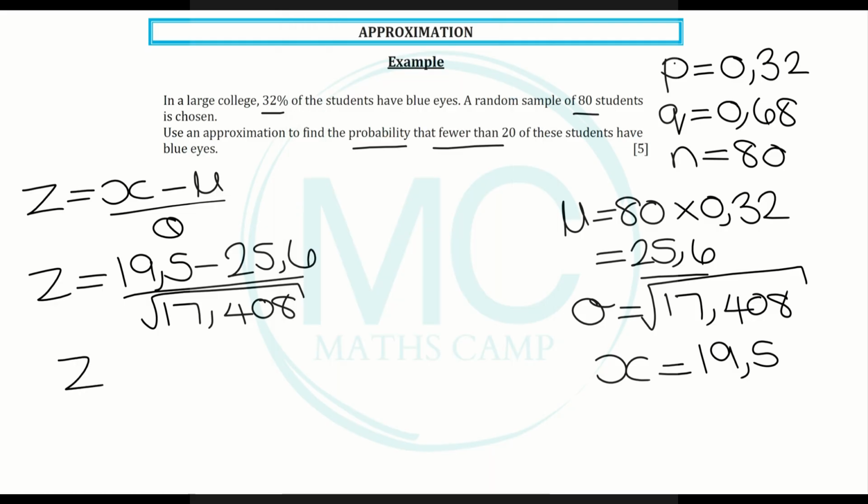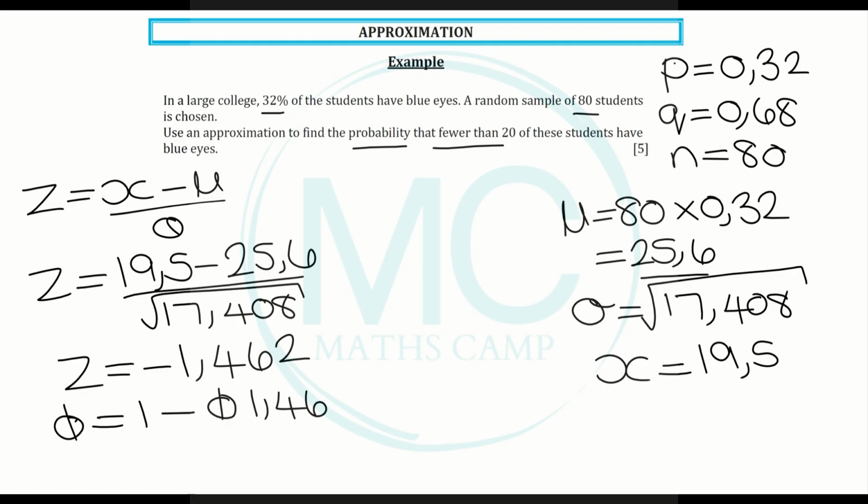So I can say that z is equal to negative 1,462. I cannot use a negative z-score. So to find the probability, I'm going to say probability is equal to 1 minus the probability of positive 1,462. Let's find this value in our table.